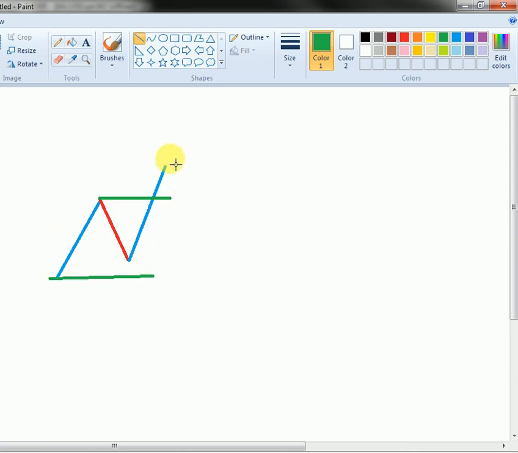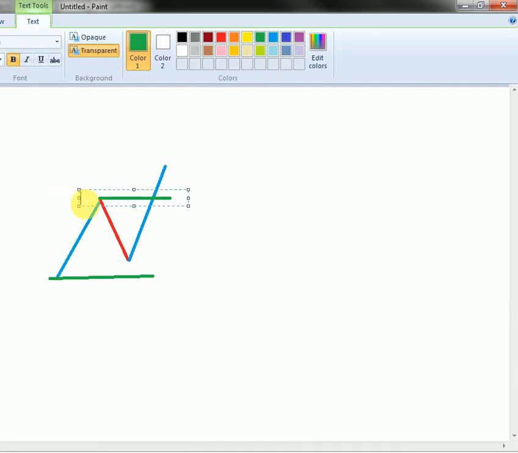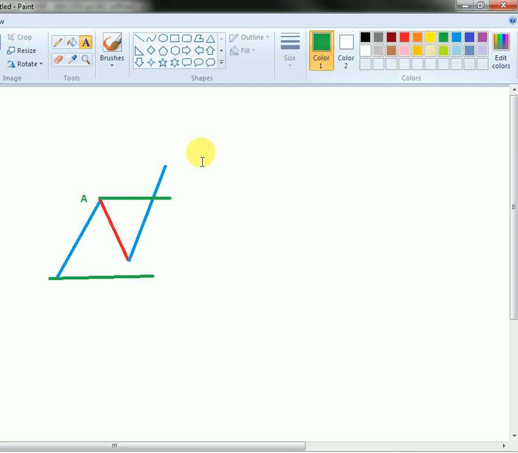If we see this pattern, this structure, we focus on entry buy. We look for buy. In this case, the first movement moving up I will call A. Then this pullback, this moving down, remember that it cannot break this low.